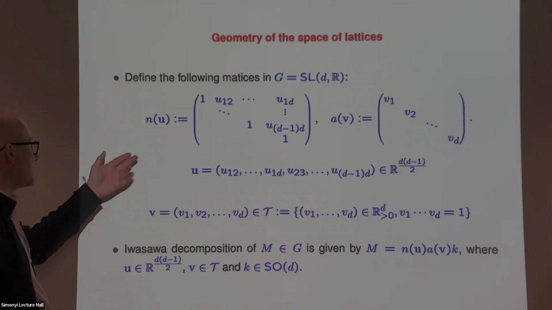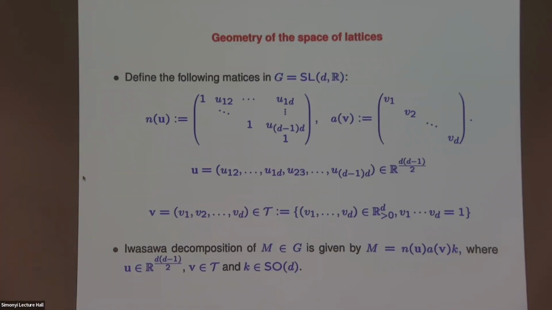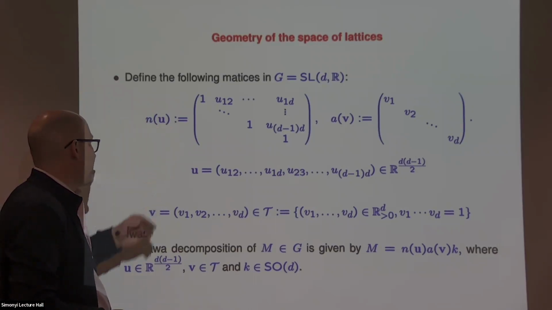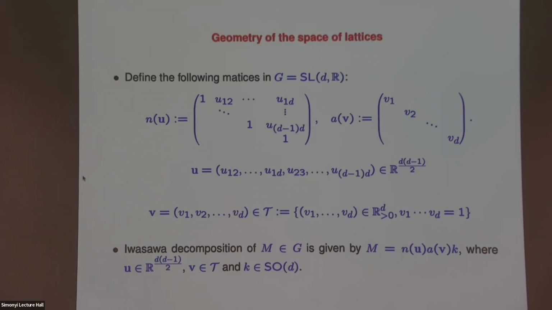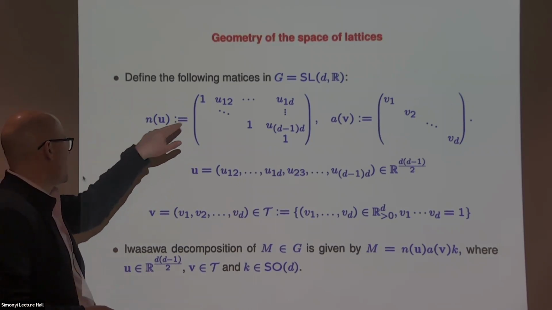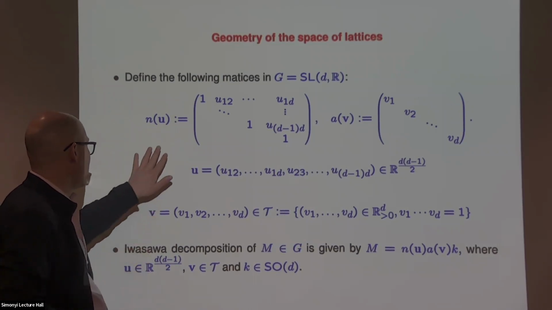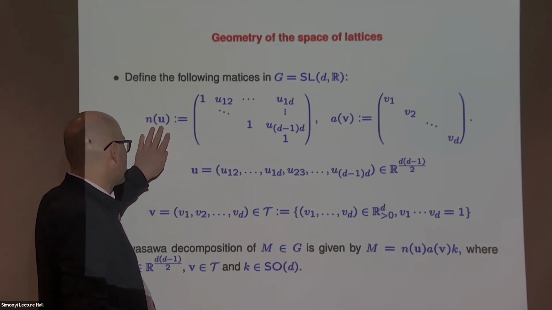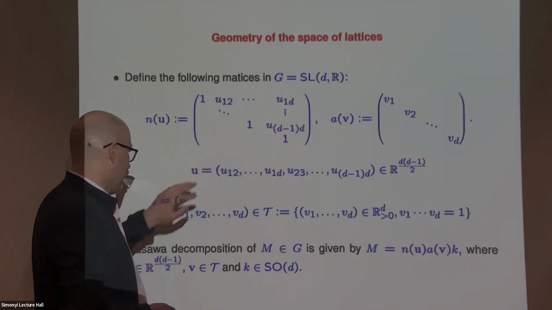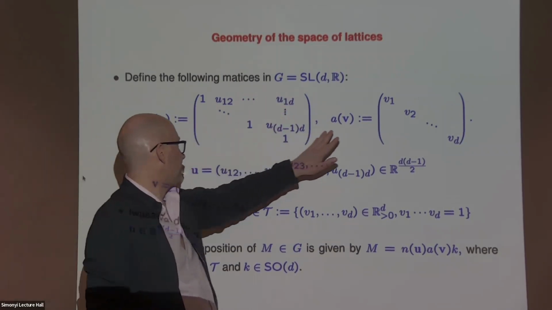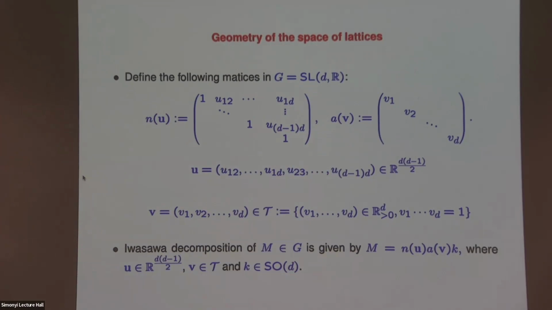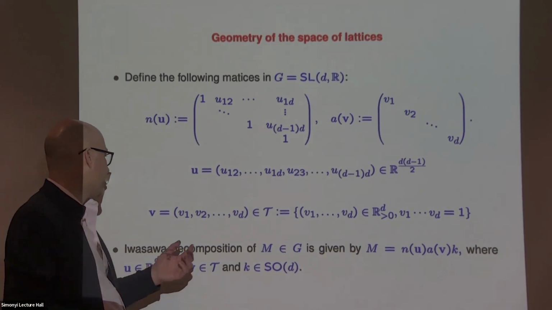The key point is to find good coordinates for the space that we're working on. Our space is SL(d, R), that's where our function lives. The convenient parametrization here is the famous Iwasawa decomposition, where you decompose an element in G into a product of elements of three types: an upper triangular matrix times a diagonal matrix times a rotation matrix.